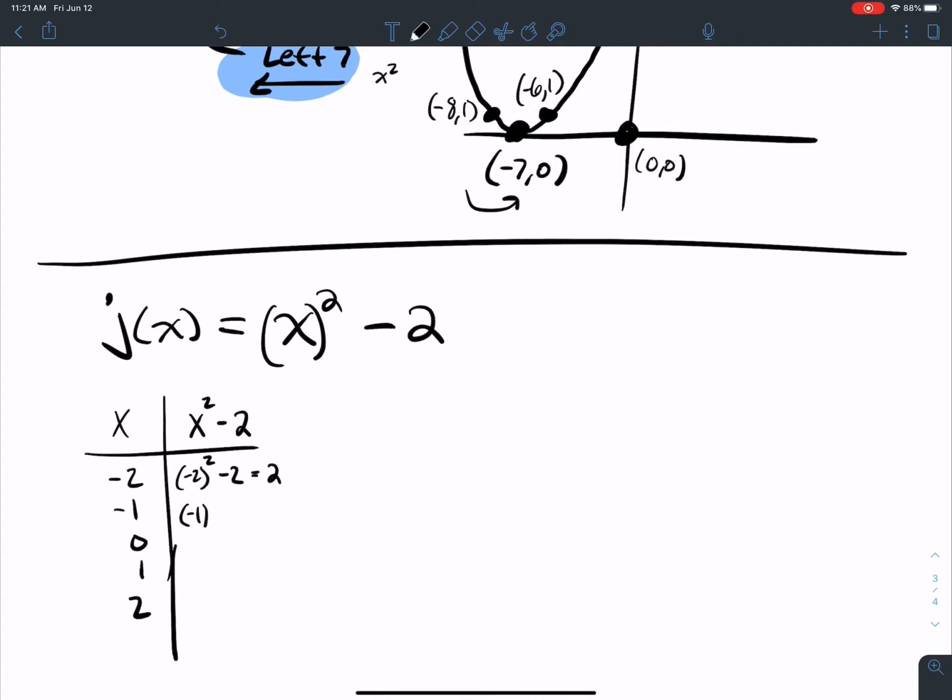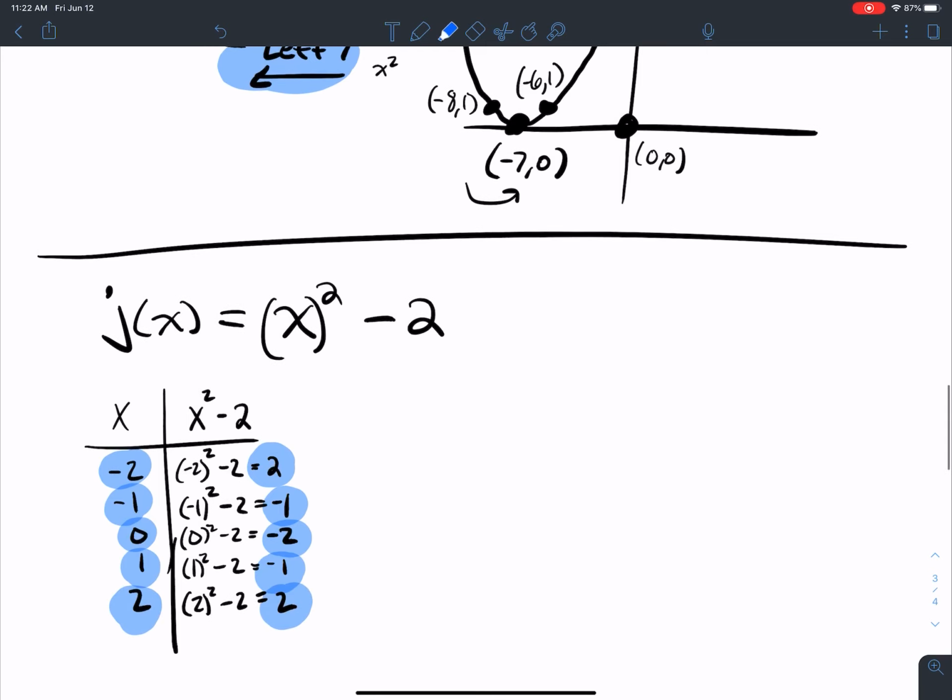And then negative 1 squared minus 2, that's 1 minus 2 gets me negative 1. And then 0 squared minus 2 is negative 2. 1 squared minus 2 is negative 1. And then 2 squared minus 2 is 2 again. So my points to plot are here.